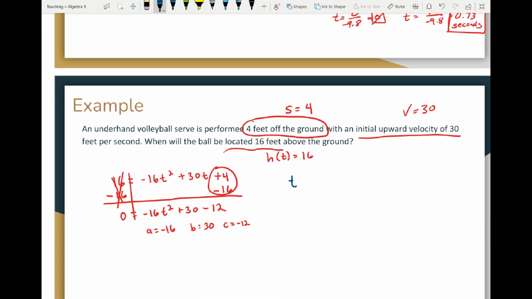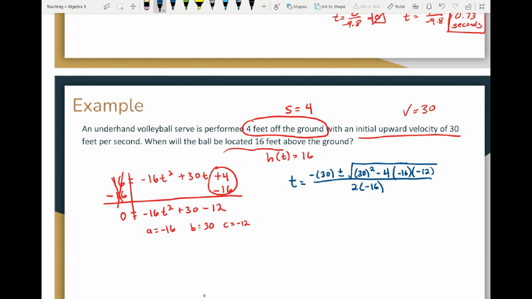So t is equal to negative 30 plus or minus the square root of 30 squared. Right, 30 is just the velocity. And we have minus 4 times negative 16, and then we also have negative 12 as our C, all over 2 times A, which is negative 16.